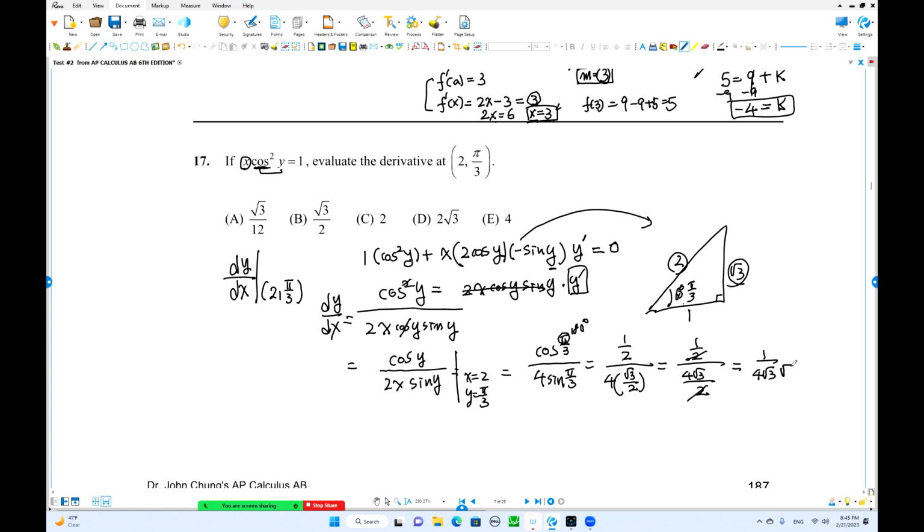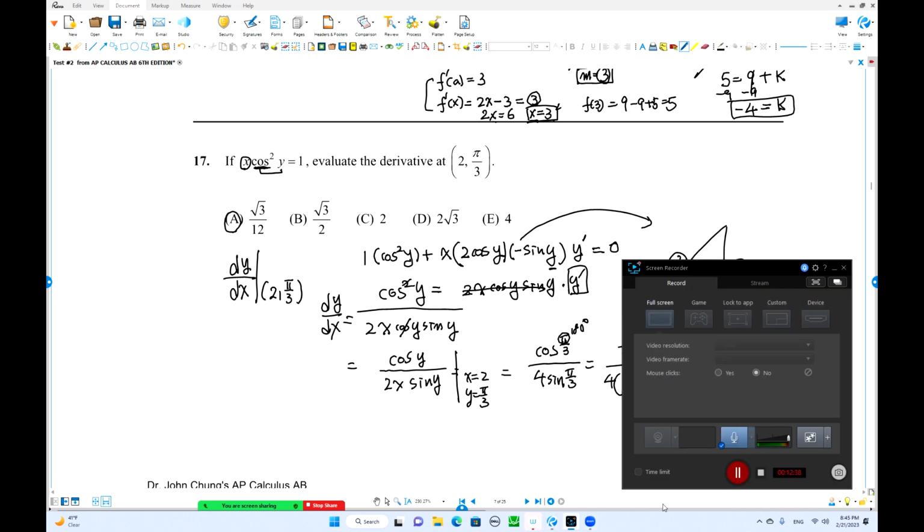To rationalize, we multiply by square root 3. Square root 3 over radical 3 times 3 times 4 is 12. So square root 3 over 12 is the answer. Choice A is the answer. Are you okay with this? Okay. I'm going to hold the recording, try to figure it out, okay?